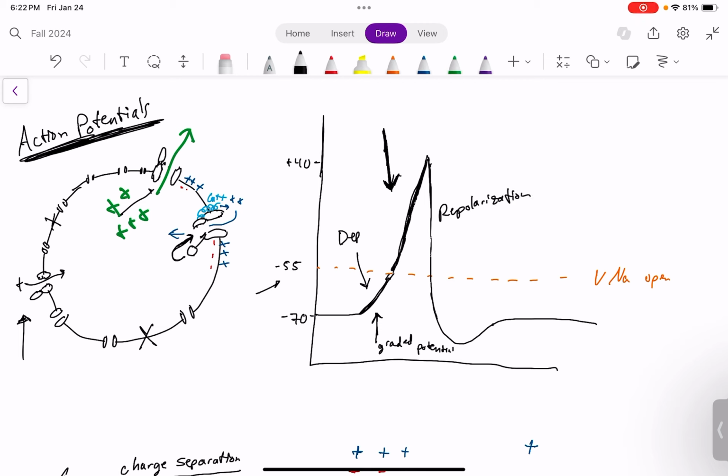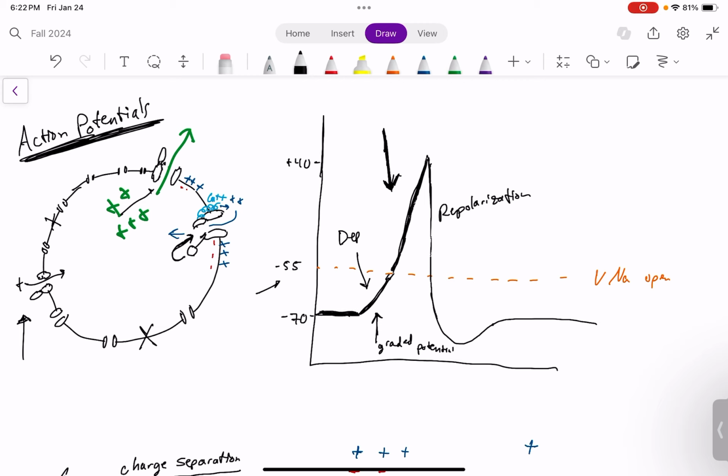Now, the way I think about this is polarization means that you're on opposite ends. And so if you're polarized in a cell, that means that the voltage is more negative. And if you're depolarized, that means you're getting closer to zero or beyond. And so that's what this is. You first have this resting membrane potential.